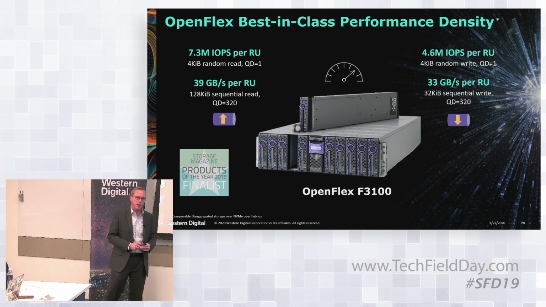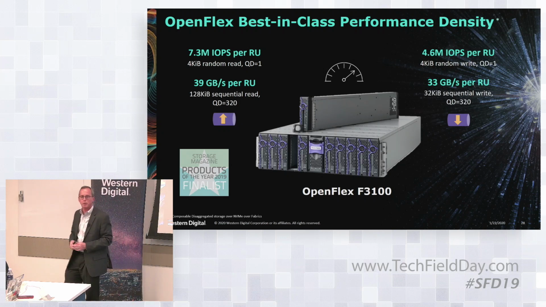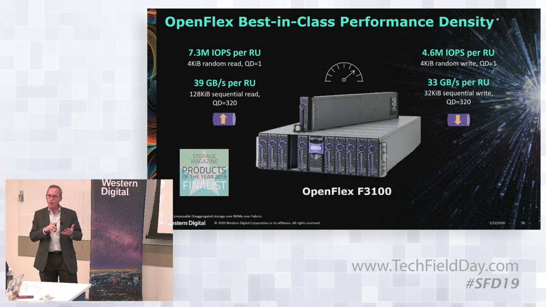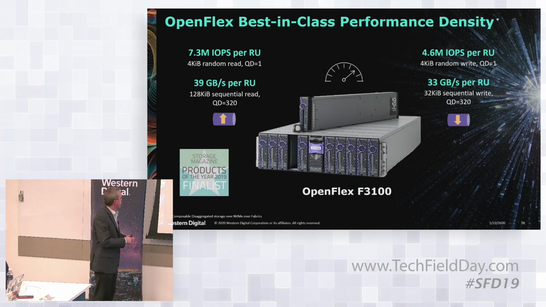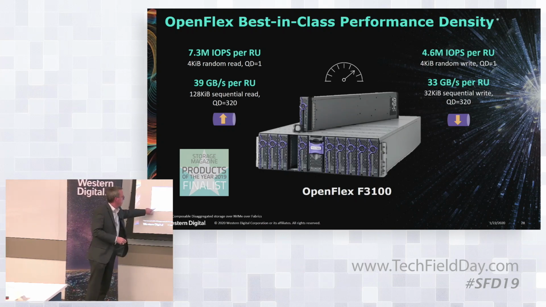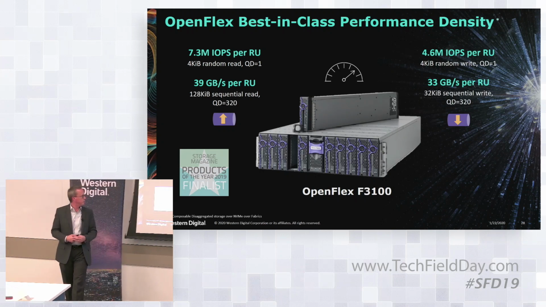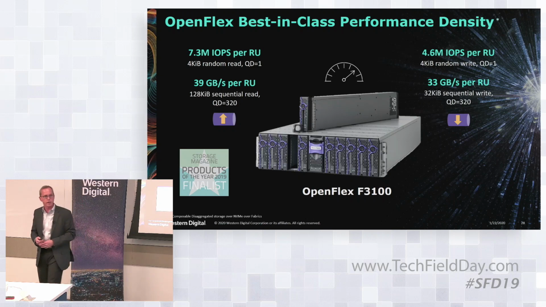And this provides the highest performance density that's available in the market, whether you want to measure that based on IOPS or throughput. And you can see the numbers here. We've just been notified that we're one of the finalists for Storage Magazine Product of the Year in 2019.